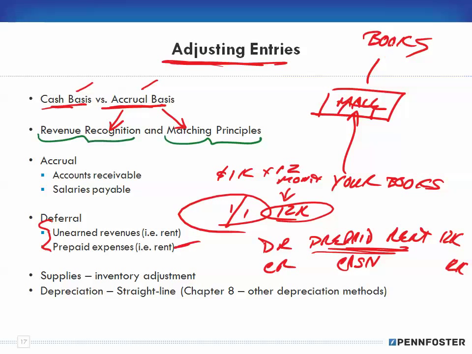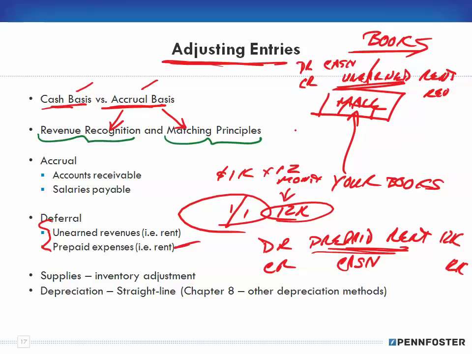But when it's received by the mall owner, okay, that for them is a liability, right? It's something that they don't own, all right? Sure, they have the money, and what they'll do is they'll debit cash because they're receiving the cash, and then they'll credit unearned rent revenue for the $12,000.